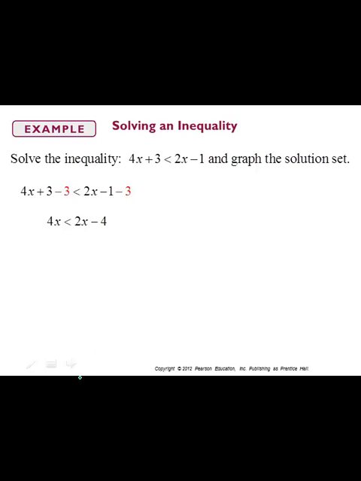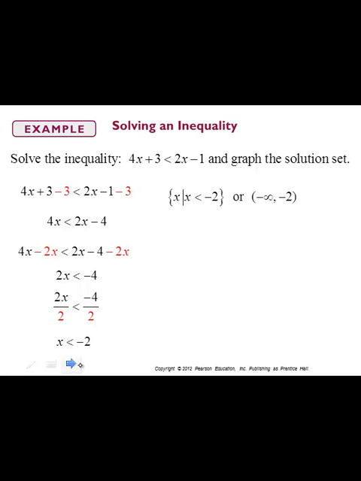All right, and then maybe subtract 2x from both sides, and then divide both sides by 2. And because of the fact that we did not multiply or divide by any negative numbers, the direction of the inequality stays the same, leaving us with x less than negative 2.